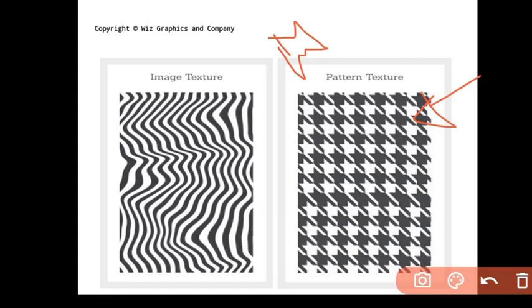So let's go to the image texture. You will observe that this kind of texture has this wavy kind of line.